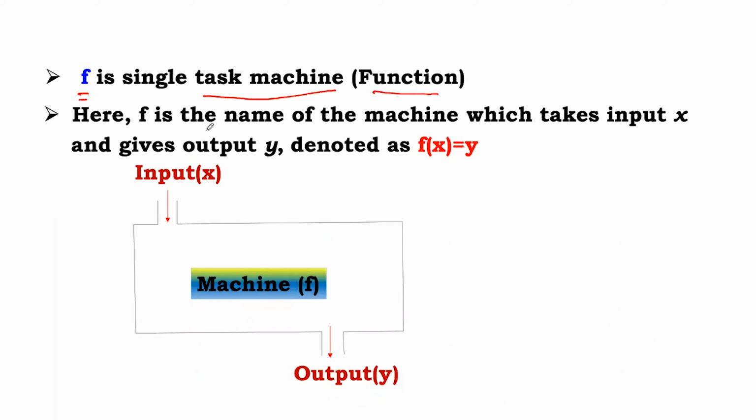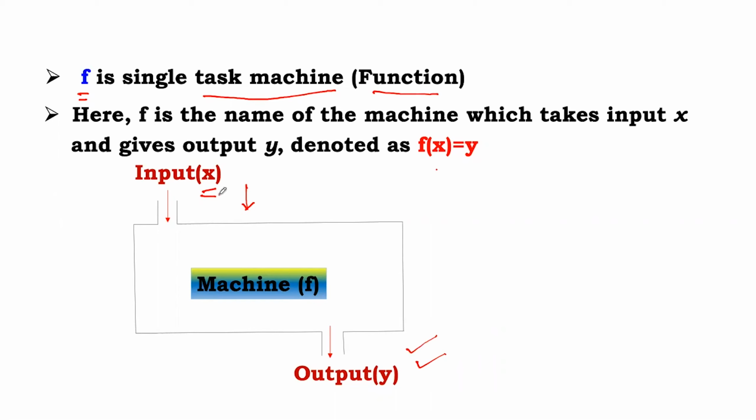If f is the function, the name of the machine, which takes x as the input, right? We are getting a different output from this, right? We are getting the output as y. So we give the input from there and we get the output from this, right?